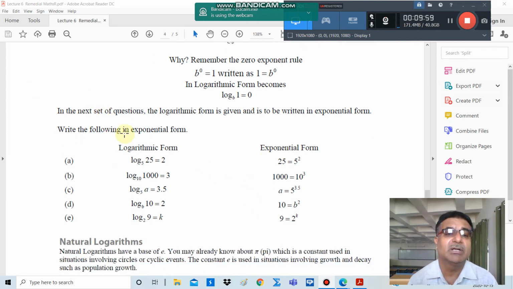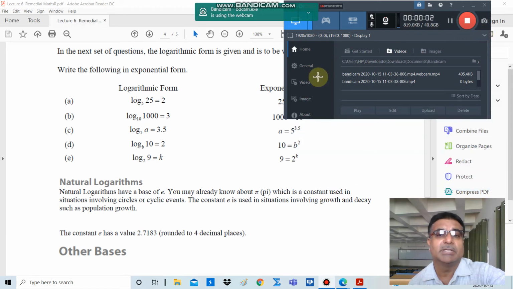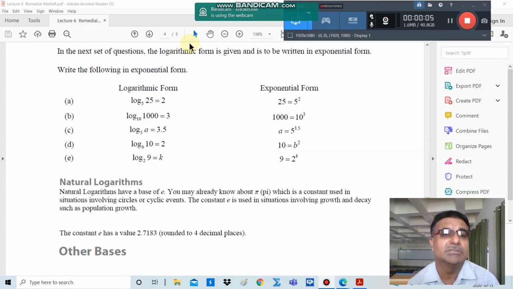In the next set of questions, the logarithm form is given and is to be written in exponential form. This is the logarithm form and this is the exponential form. Now in the first example, log 25 to the base 5 is equal to 2.